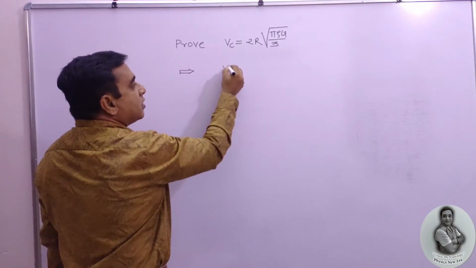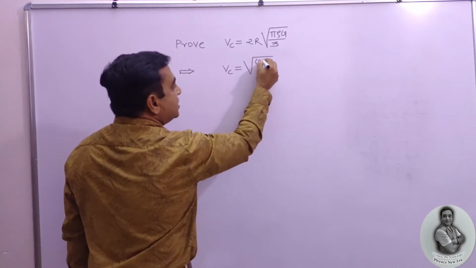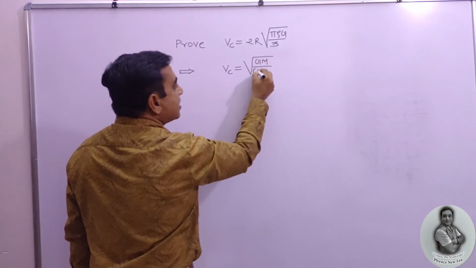We know that critical velocity is equal to under root of GM upon R plus h.